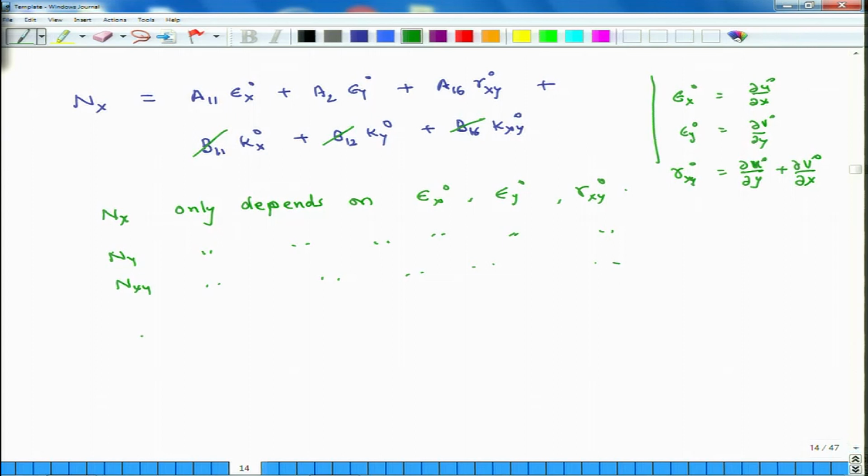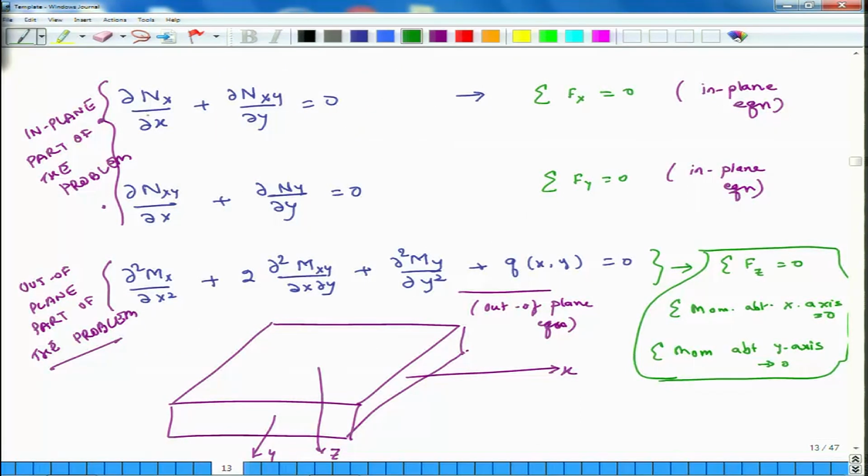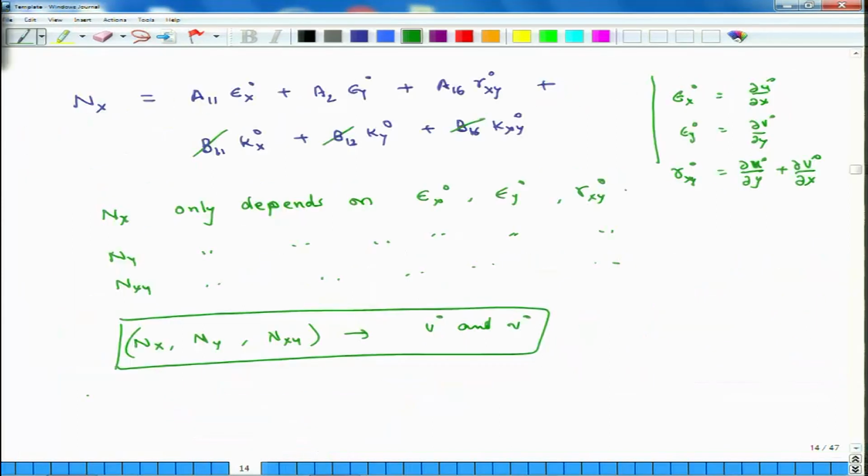So, we can say that nx, ny and nxy, they only depend on u and v, midplane u and midplane v. Which means that if we look at the in plane problem, it relates to the first two equations, these involve only nx, nxy and ny. The solutions for nx, ny, nxy, they only depend on the nature of u and nature of v, when B matrix is 0.